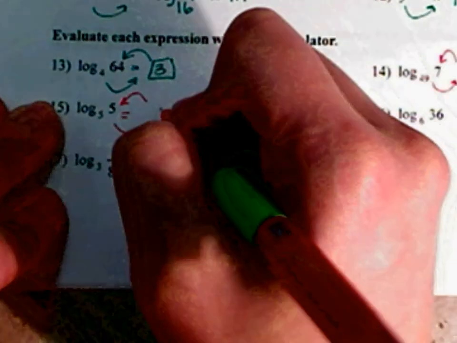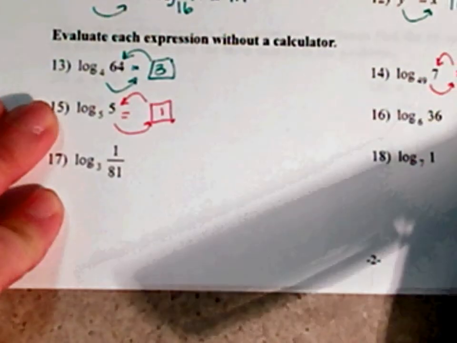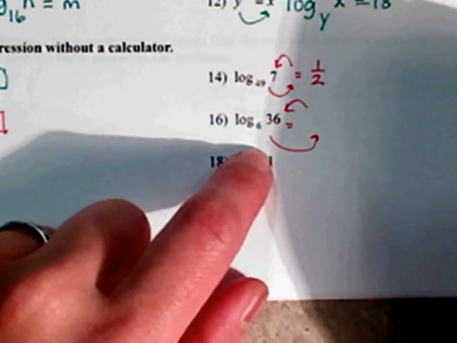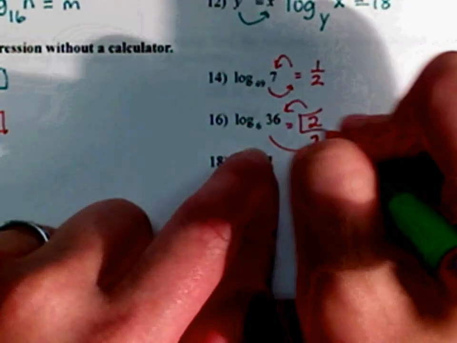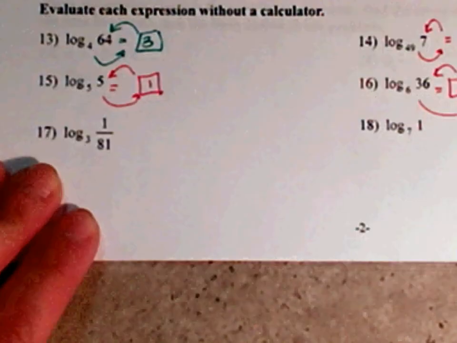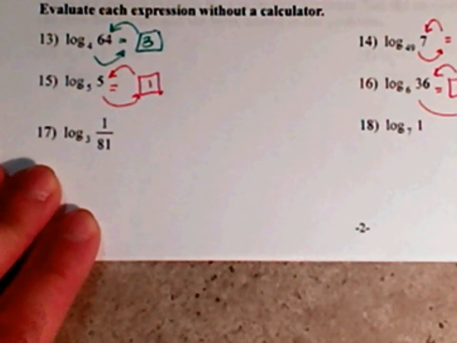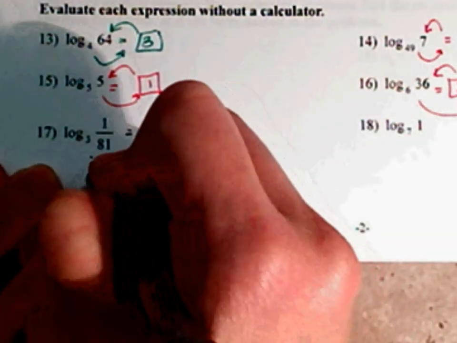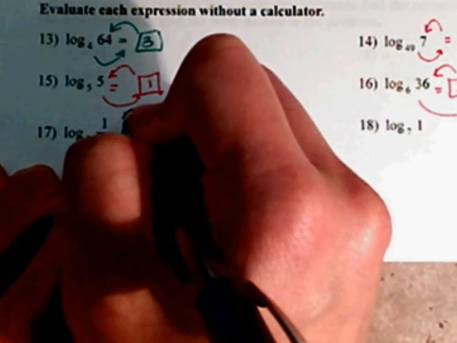Number 16. 6 to what power is equal to 36? 2. Okay. 17. Now, remember, if you have a fraction, that power is going to have what in it? Negative. 3 to what power is equal to 1 over 81? 3 to what power is 81?